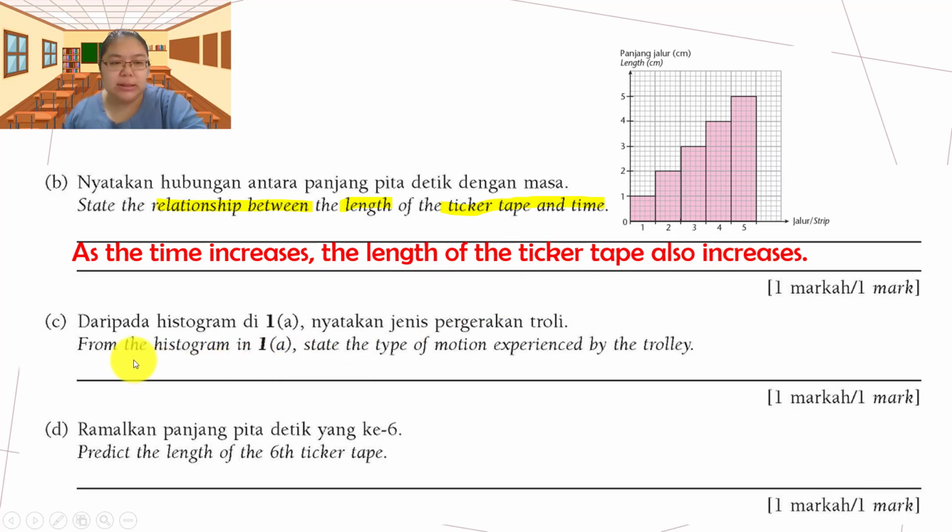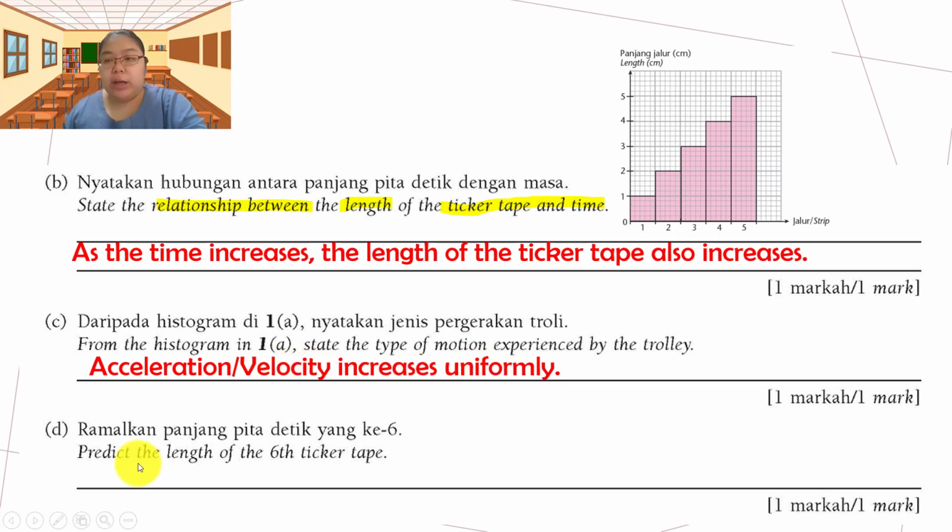Number C, from the histogram in 1A, state the type of the motion. Is it increasing? It is not uniform velocity, so you can answer acceleration: the velocity increases uniformly.